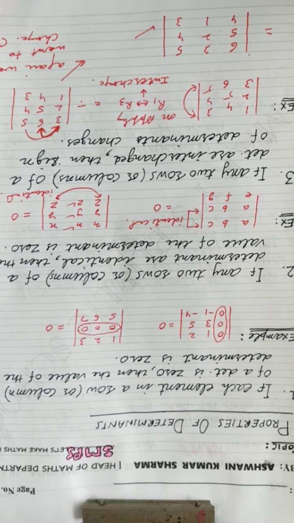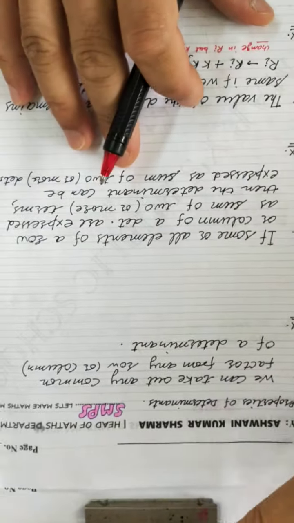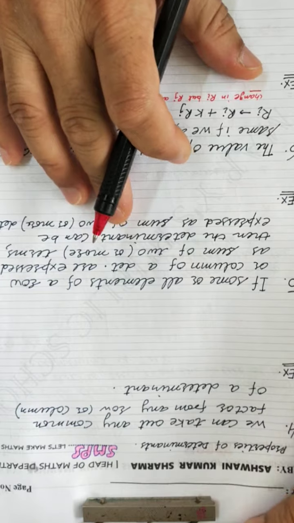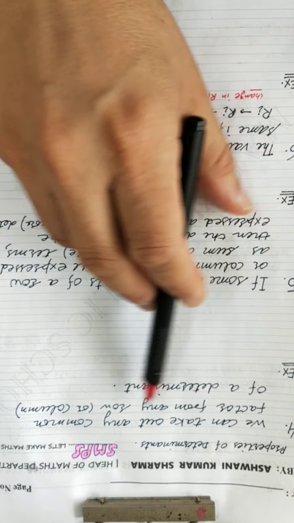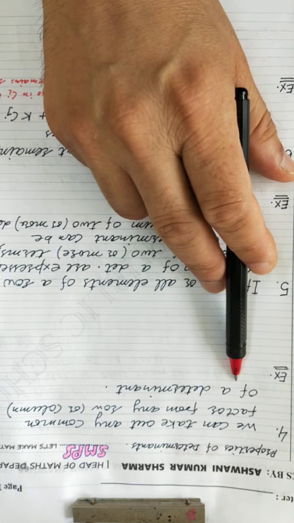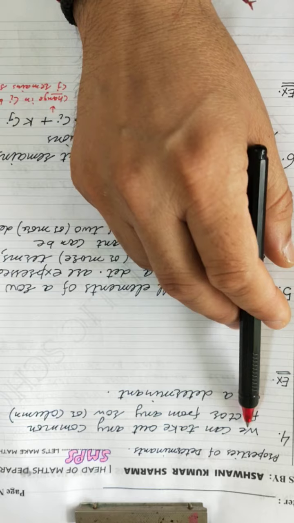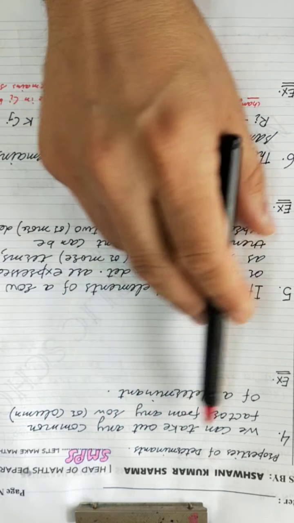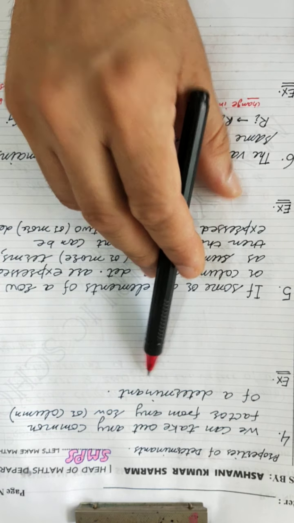Got it? Now comes the fourth property. Fourth property is: we can take out any common factor from any row or column of a determinant. What does it mean?